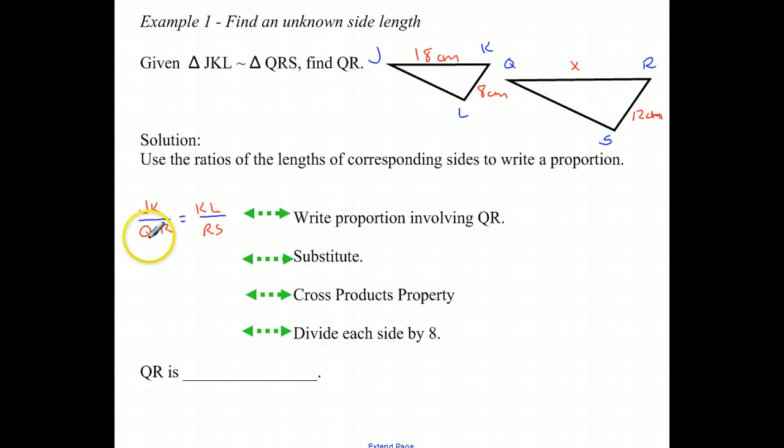We know that the length of JK is 18. The QR, that's what we don't know. That's our x. The length of KL is 8, and the length of RS is 12. We're going to use our cross products property to multiply 18 times 12, and that's going to be equal to 8x.